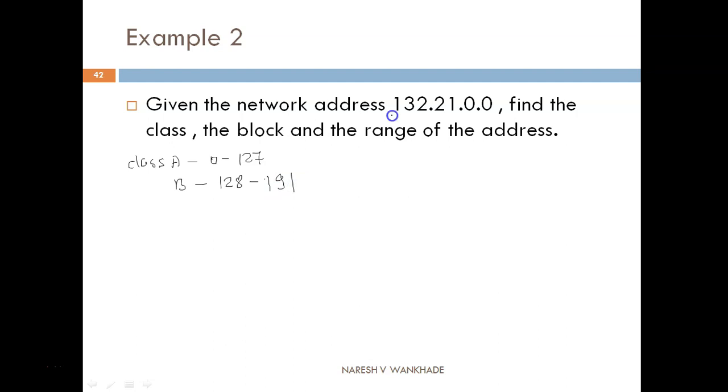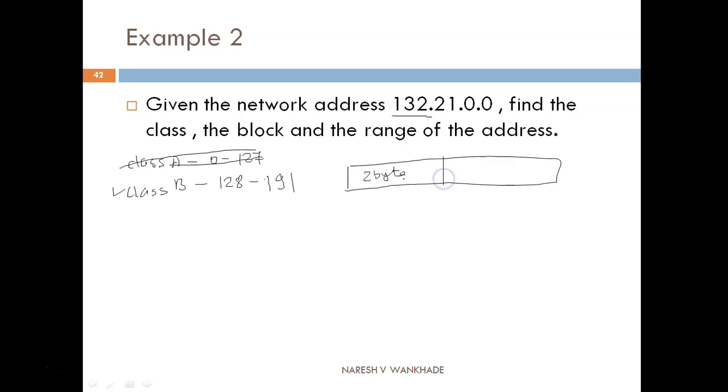This value 132 comes under class B, so the class is B. As far as class B is concerned, 2 bytes, that is 16 bits, are for the network ID and 2 bytes are for the host ID.